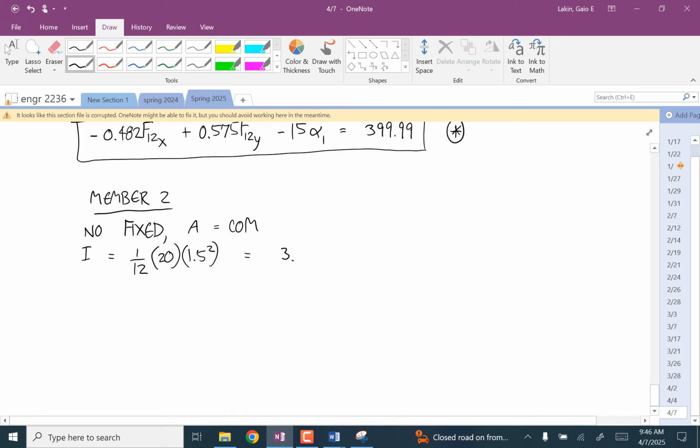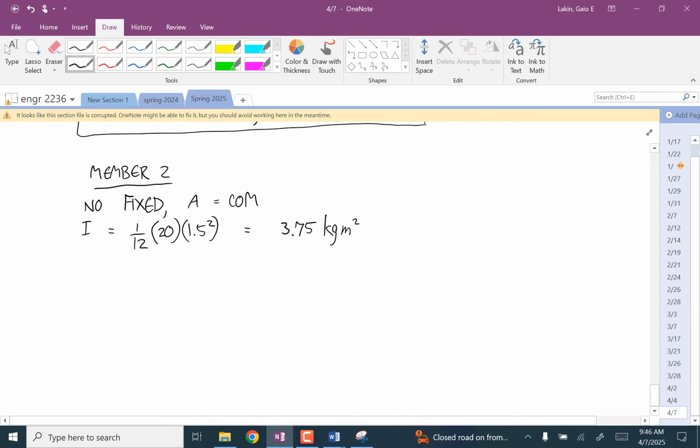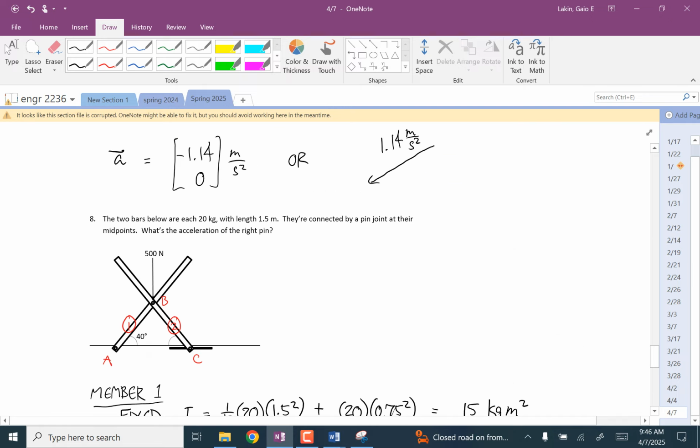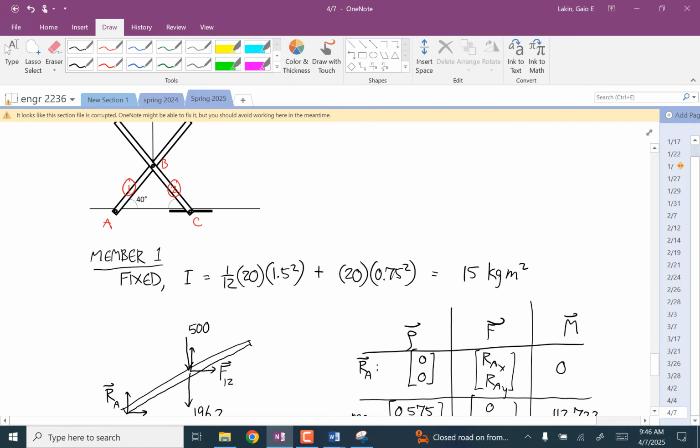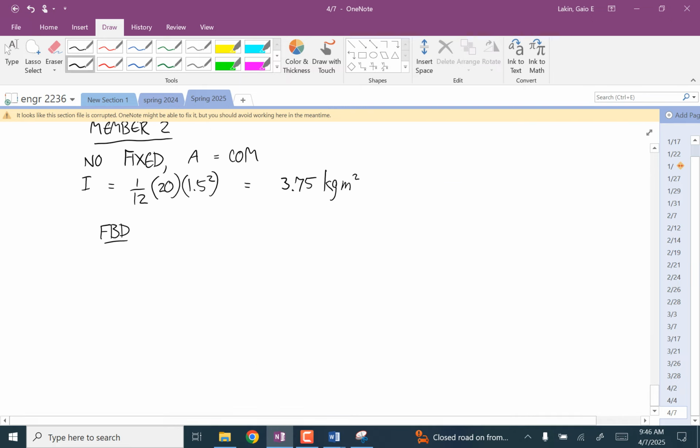And that's 3.75. Free body diagram. We have the weight force here of 196.2.